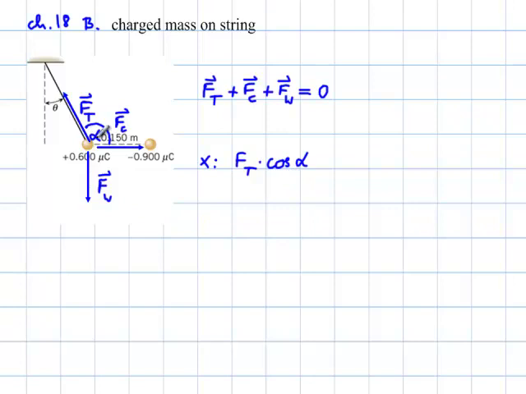Okay, and then later on we'll figure out how alpha actually relates to theta, but the outcome will be just fine. We get the right result.